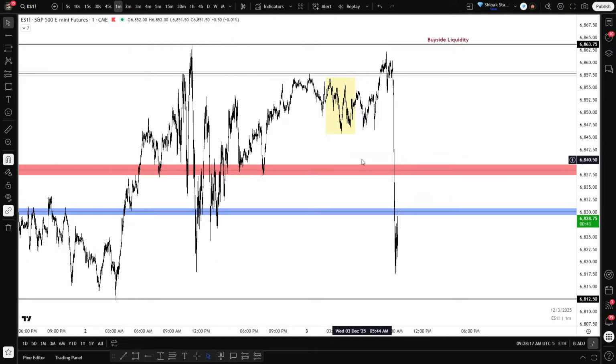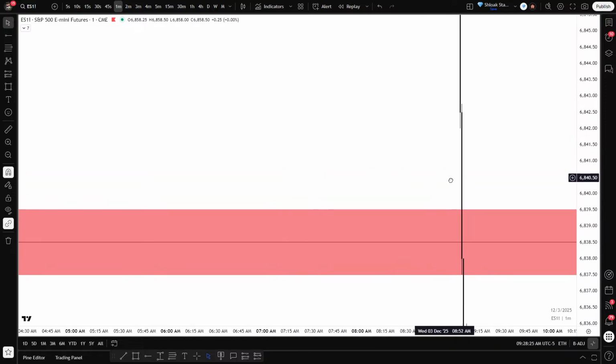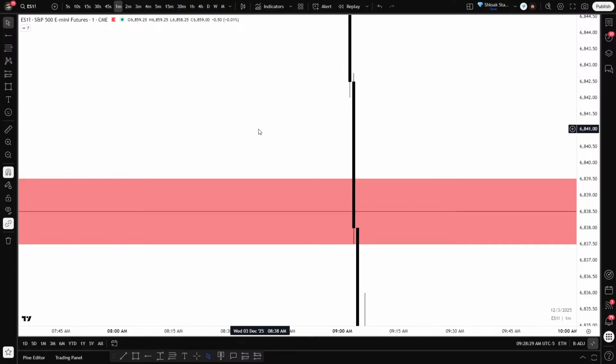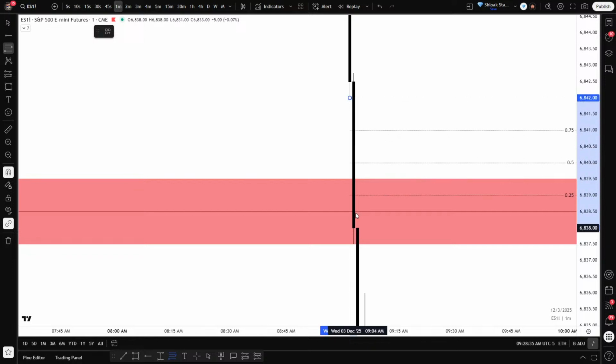If this wants to work, this one right here, guys. So watch this gap in price. And let's just say it wants to come up here.